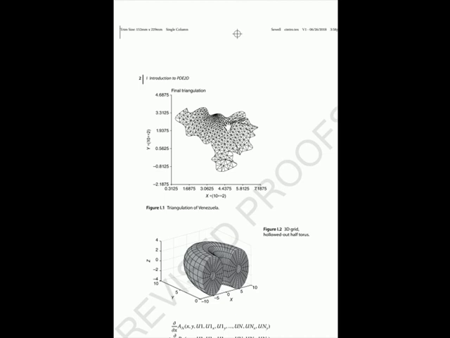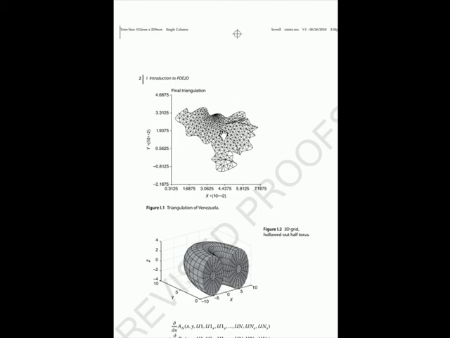For example, here's the Venezuela region, complicated region, curved boundary and all. This can only be handled by the Galerkin method, which divides the region into triangles and automatically refines the triangulation. You could certainly not handle a region like Venezuela using the collocation method. So if you have a complicated region, then you're going to have to use the Galerkin method.